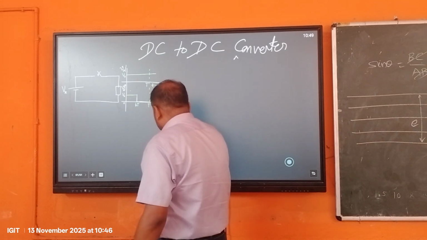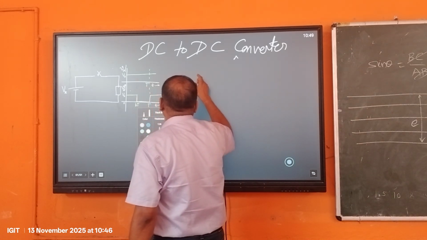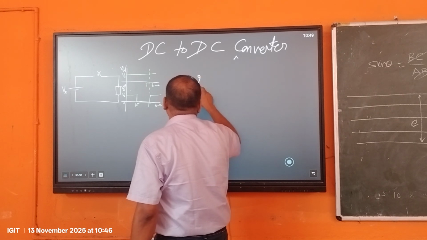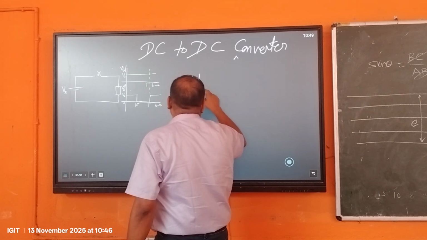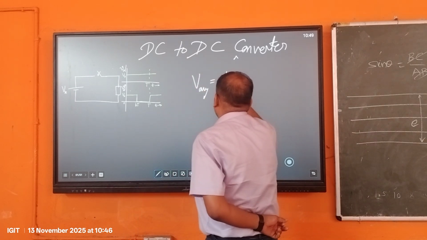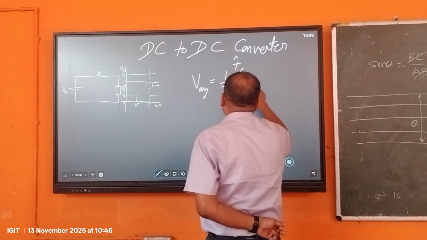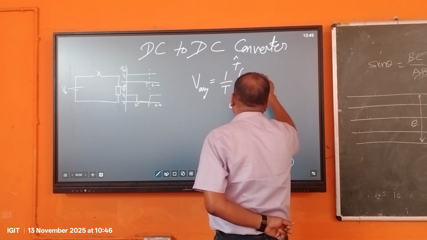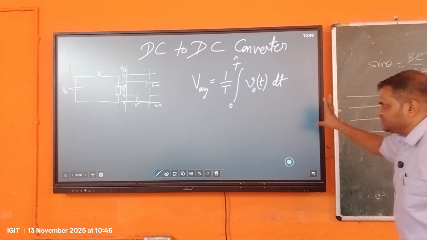Now, what is the average voltage for such kind of output voltage? We know the average voltage is given by V average equals 1 by T integration from 0 to T of V0 dt, correct? This is the formula of average voltage.